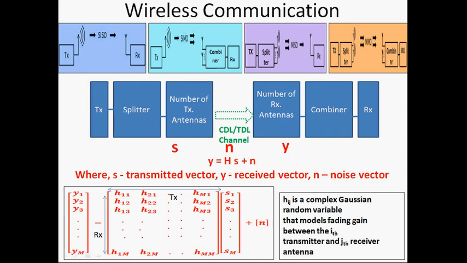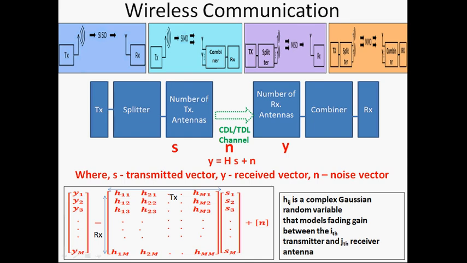Now when you are designing any communication system, these are the primary things we need to know: transmitter, splitter, number of transmitter antennas. Here it is the channel. In channel there is a chance of getting some sort of noise. Number of receiver antennas, combiner, as well as the receiver, final receiver.